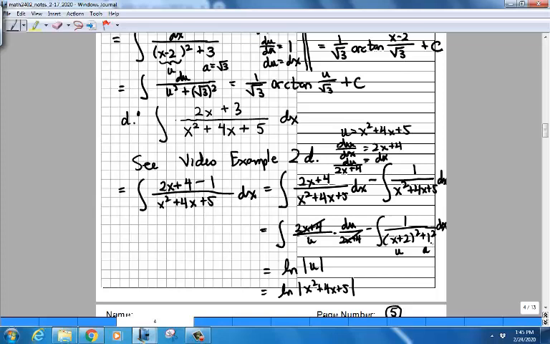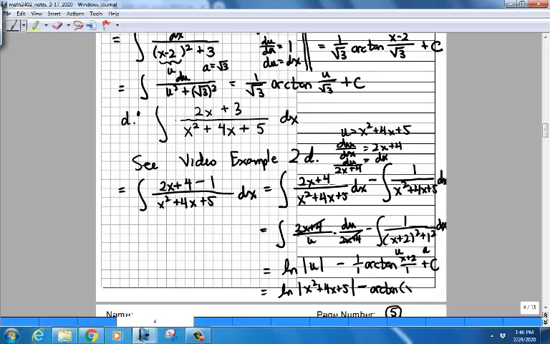And now that's really 1 over u squared plus a squared. So this integrates quite easily using the arctangent formula. It's 1 over a, which is 1, arctangent of u, which is x plus 2 over 1, and then plus a constant.